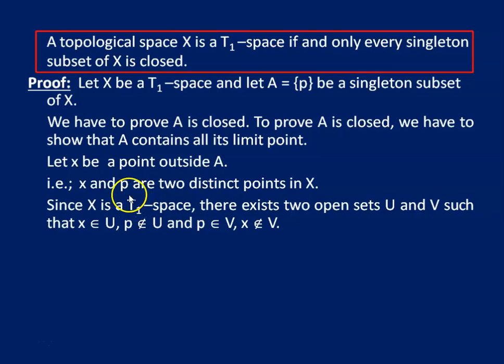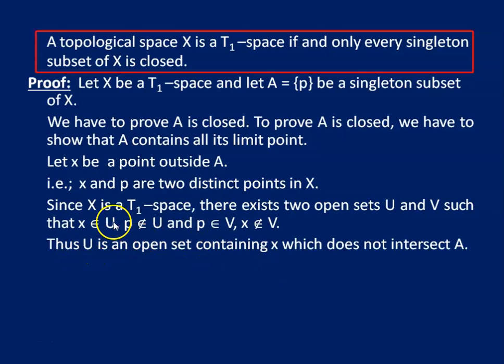We know that in the case of a T1 topological space, for every pair of distinct points, there exist two open sets U and V where U contains the first point but not the second one and V contains the second point but not the first one. Since X and P are two distinct points here, by the condition of a T1 topological space, we have two open sets U and V such that U contains X but not P and V contains P but not X.